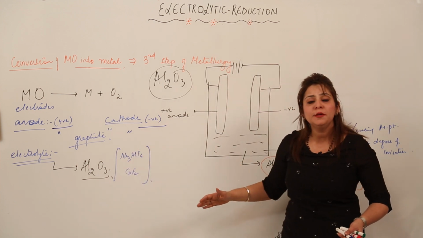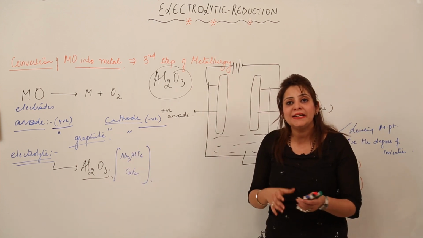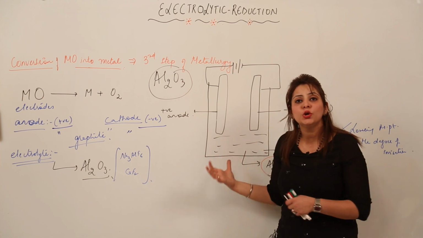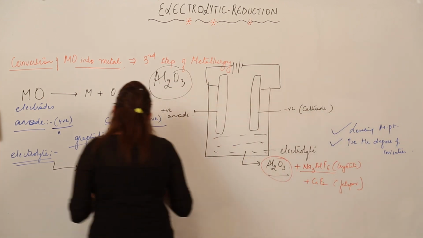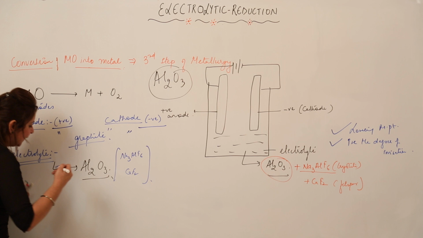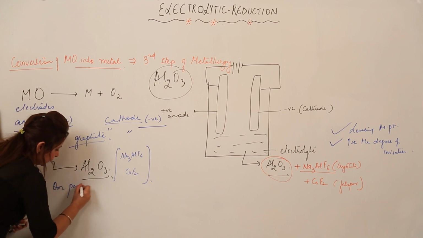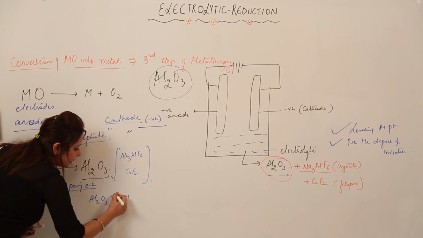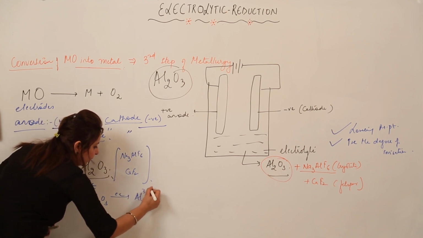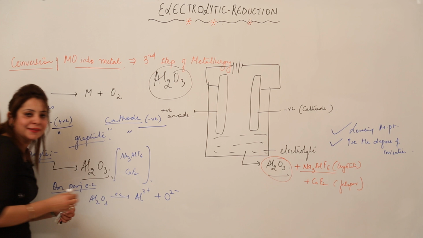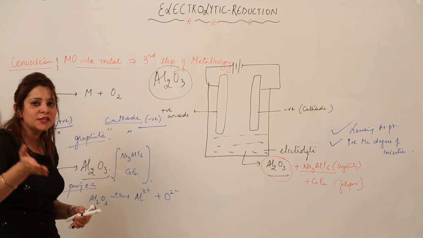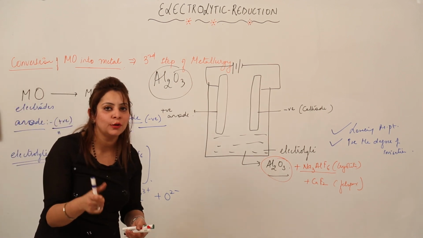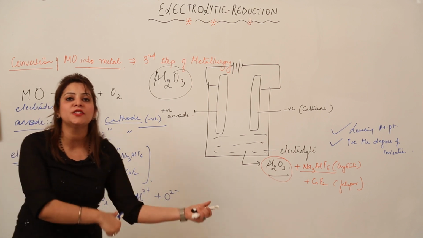Now we will look at the mechanism: what happens when we pass electric current, and how this Al2O3 gets reduced. On passing electric current, this Al2O3 will dissociate to form its respective ions. As you know, the positively charged ion moves to the oppositely charged electrode.